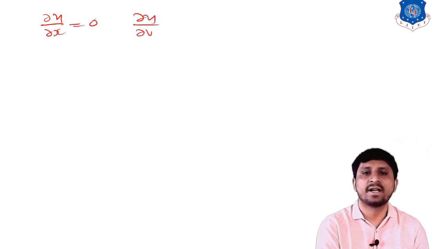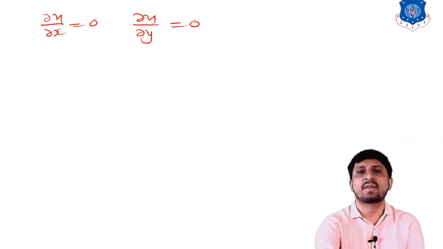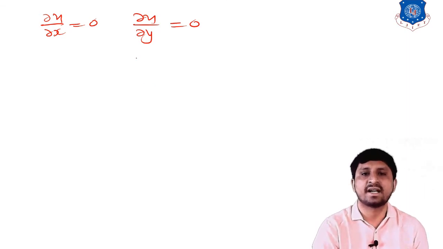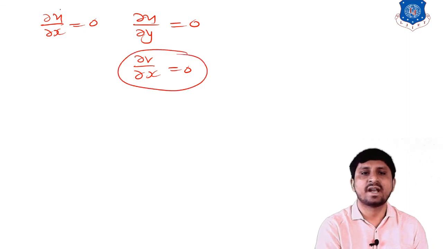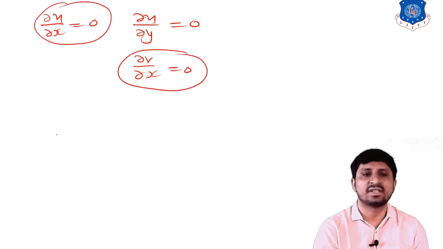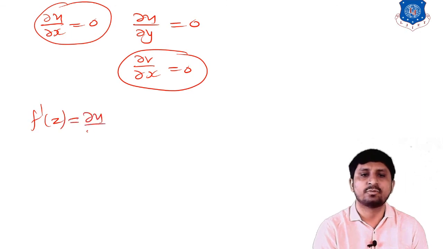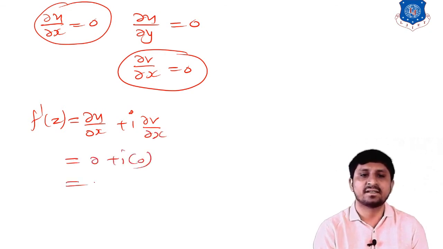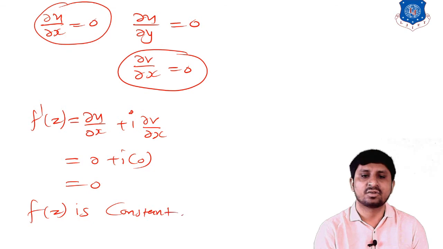But del u by del y is nothing but minus del v by del x, so del v by del x is also 0. So del u by del x and del v by del x both are 0. So f dash z equals del u by del x plus i del v by del x, which is 0 plus i into 0, so f dash z equals 0. So f of z is constant.